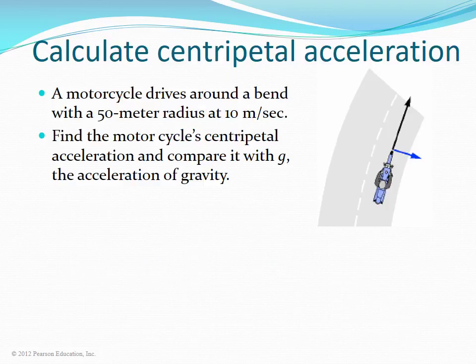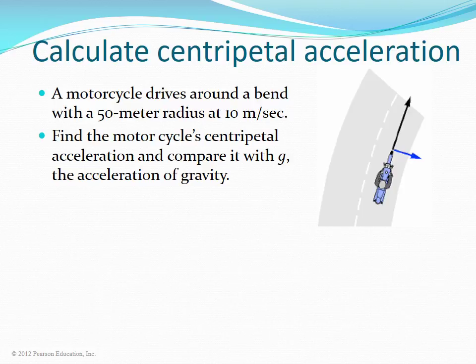A motorcycle drives around a bend with a 50-meter radius at 10 meters per second. Find the motorcycle's centripetal acceleration and compare it with g, the acceleration of gravity. You are asked for the centripetal acceleration and a comparison with g, which is 9.8 meters per second squared.